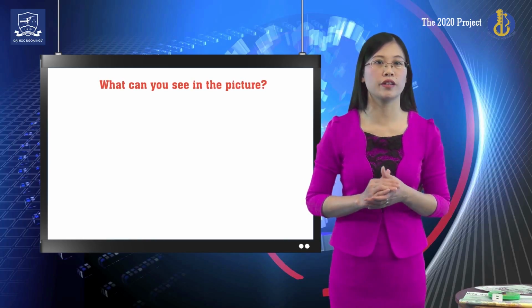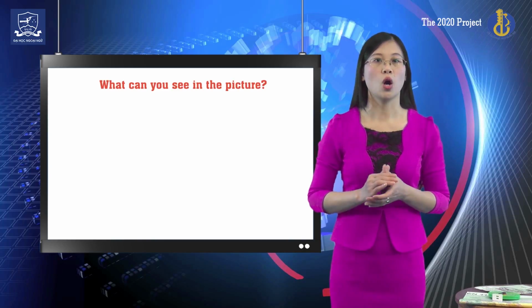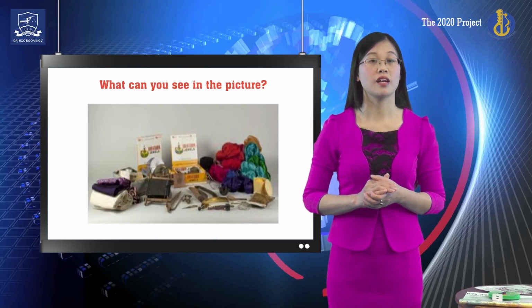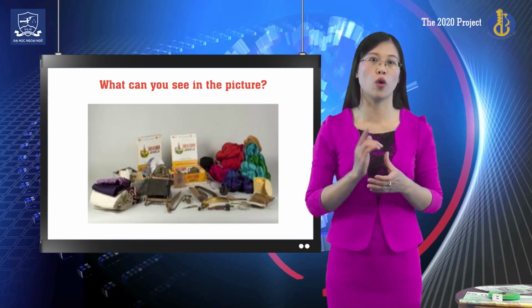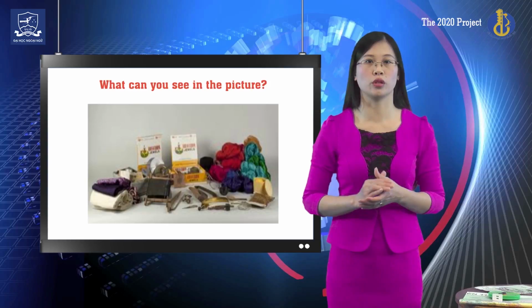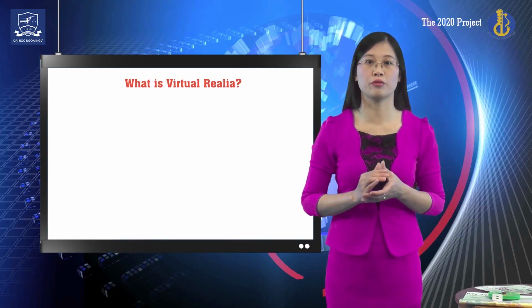Let's continue with another type of visual aids. Well, what can you see in the picture? They are real objects which are digitized into one picture, and they are called virtual realia. So, what is virtual realia?